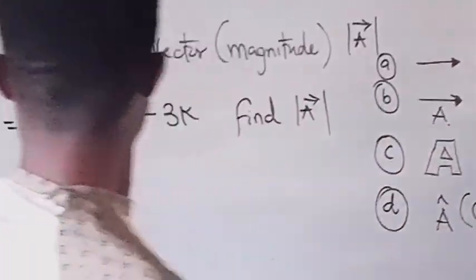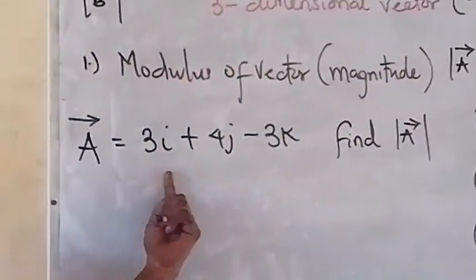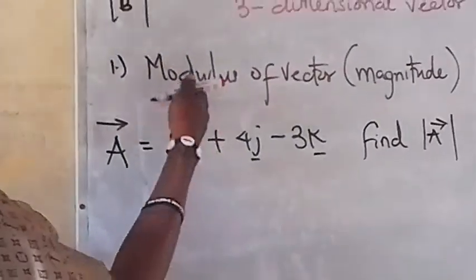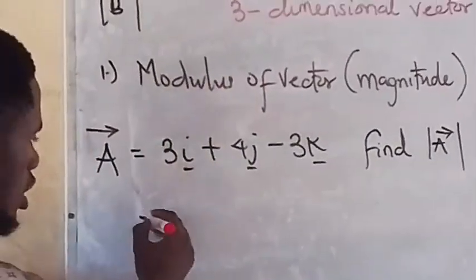So I'll pick the coefficients of my vectors. The coefficient of I here becomes 3.